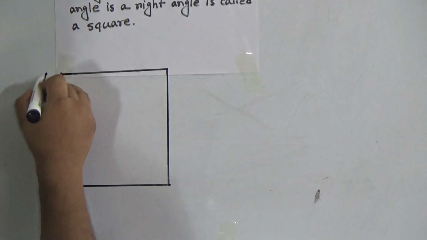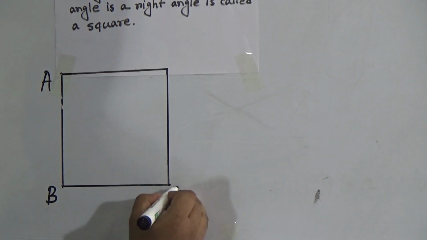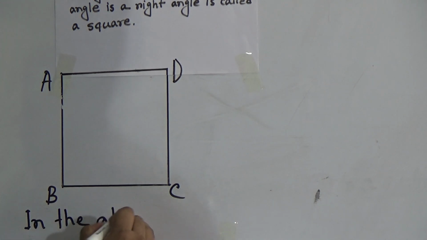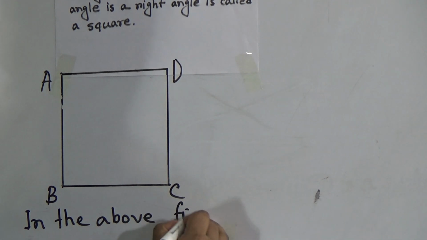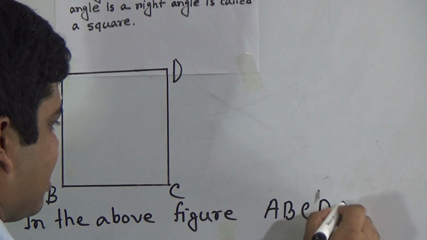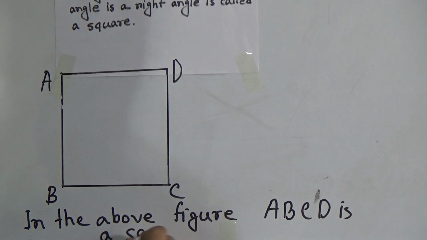A, B, C, D is the name of the square, and at the bottom of the square we write: in the above figure A, B, C, D is a square.